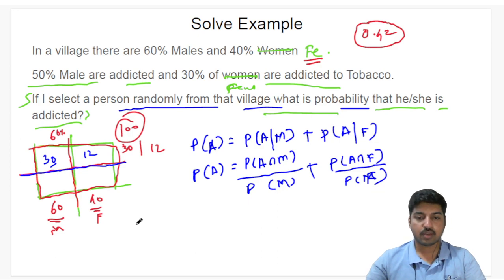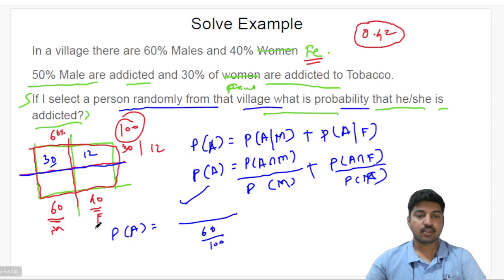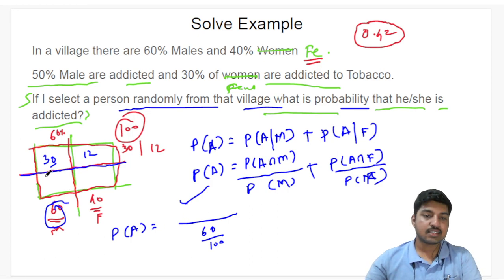That we know. So the probability of A is equal to, what is the probability of M? It is 60 upon 100. Correct? What is the probability of A intersection M? This is 30 upon 100. Right?